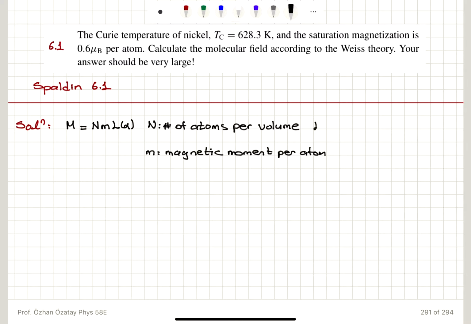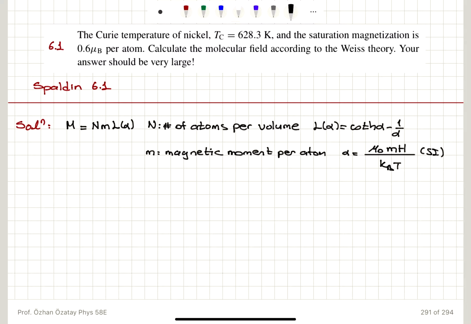The Langevin function is coth alpha minus 1 over alpha, where alpha is, in SI units, given by mu0 m H, with H the magnetic field, divided by the thermal energy kBT.